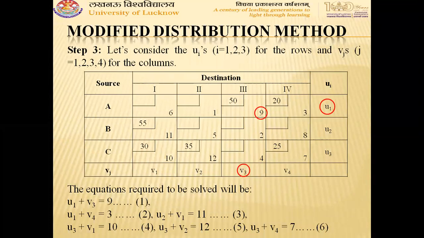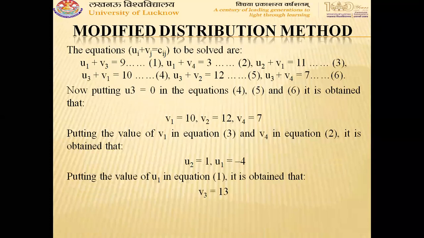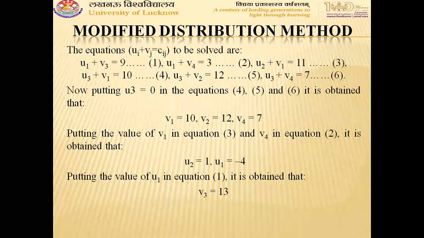So we have to put at least one variable equal to 0. We try to put equal to 0 the variable which occurs the maximum number of times, since this makes obtaining the solution of the equations much easier. We can check that u3 occurs the maximum number of times, that is 3 times.